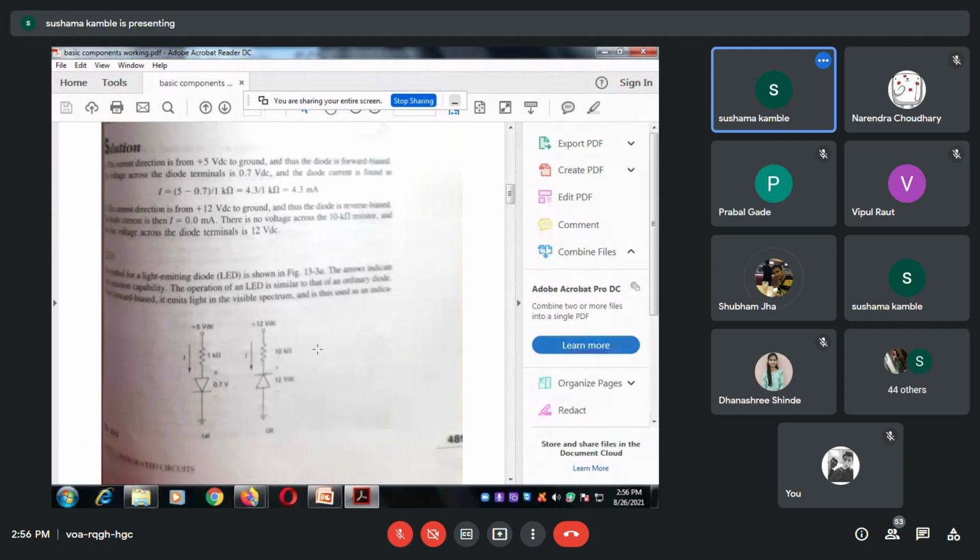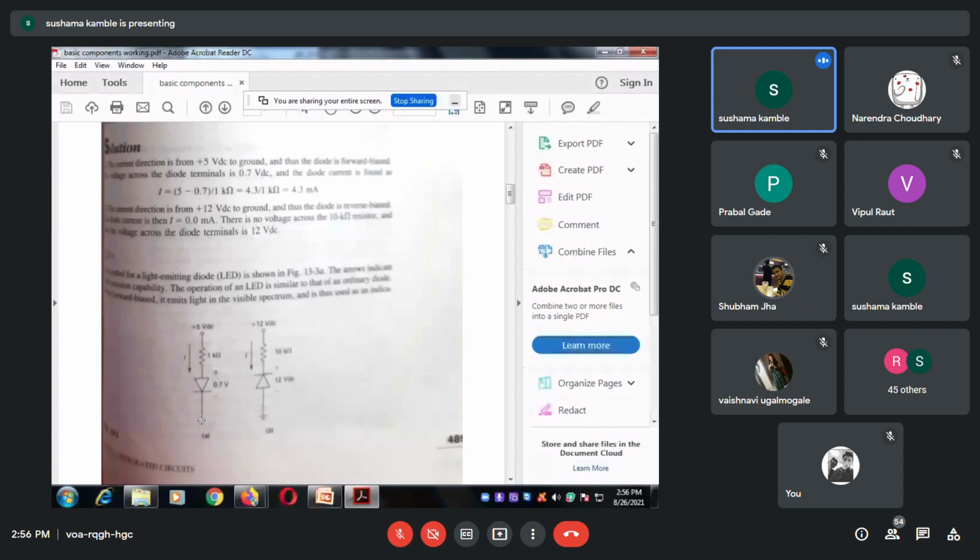For GATE, this type of question comes. Even if you are learning digital, you should know how to find the current in such a circuit. See, we are applying plus 5 volt through the 1 kilo ohm resistor to this diode. We are applying this plus 5 volt DC through the resistor to the anode of the diode. The cathode of the diode is grounded.